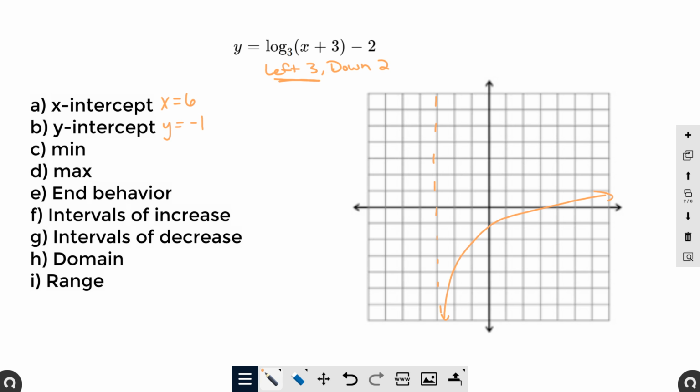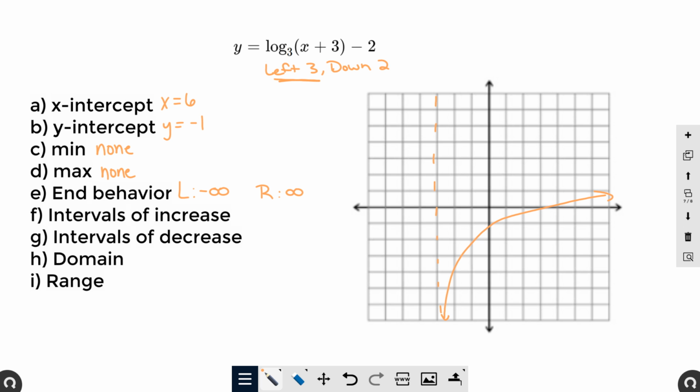None, because it doesn't have a true min, it doesn't have a true max, it keeps going forever. The left side of the graph goes to -infinity, and the right side of the graph goes up to +infinity.